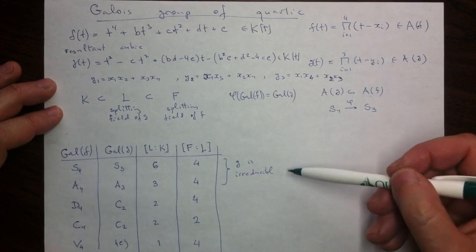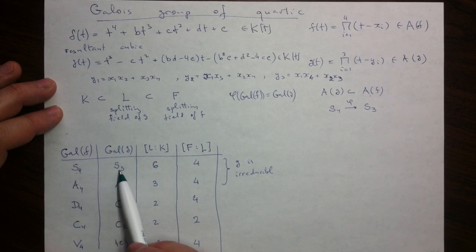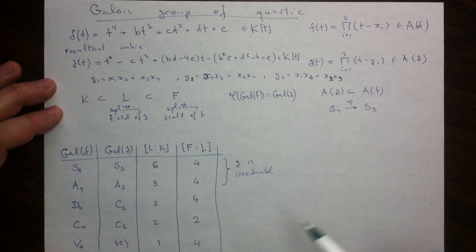And we can separate between these two cases by using the discriminant criterion for when the symmetry group is one or the other for an irreducible cubic.